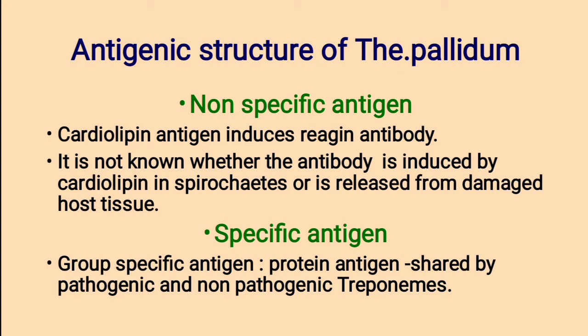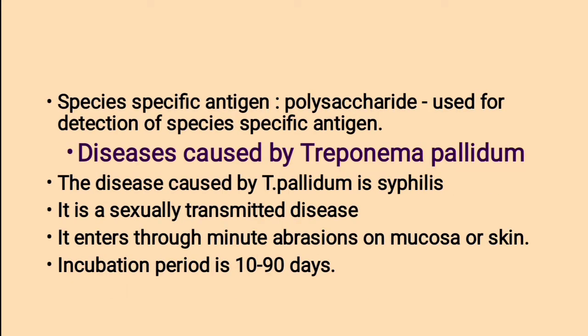It is not known whether the antibody is induced by cardiolipin in spirochetes or is released from damaged host tissue. Second one, specific antigen. It's a group specific antigen known as protein antigen shared by pathogenic and non-pathogenic treponemas. Species specific antigen. It's a polysaccharide antigen used for the detection of species specific antigen.